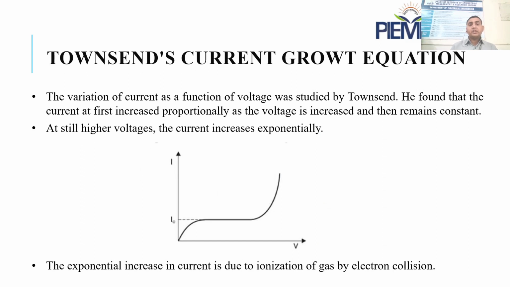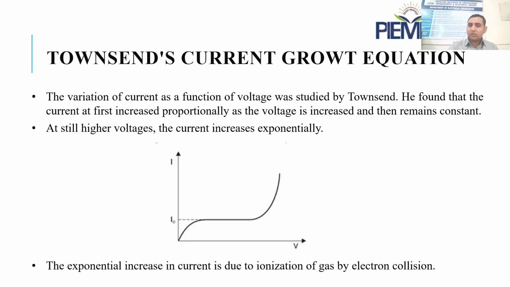Now, the variation of this function, how more and more electrons are ejected, was studied by Townsend. He found that there is an increase in proportion to voltage as UV rays fall upon any insulation material.